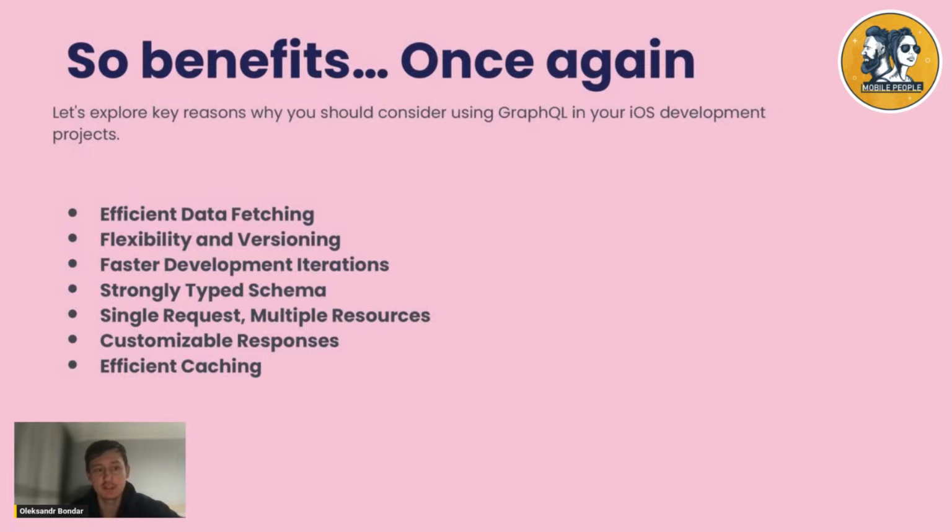Customizable responses, to solve overfetching, so we can customize, as Volodya showed in real-life examples, and just remove some elements and some type fields and not receive them. And efficient caching, in case we really need it.